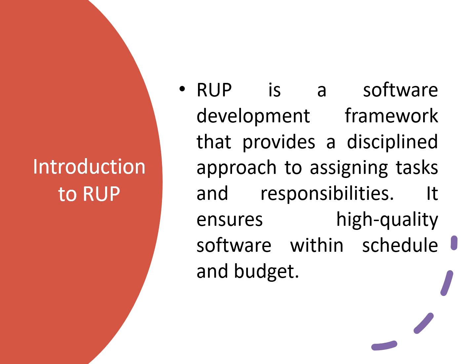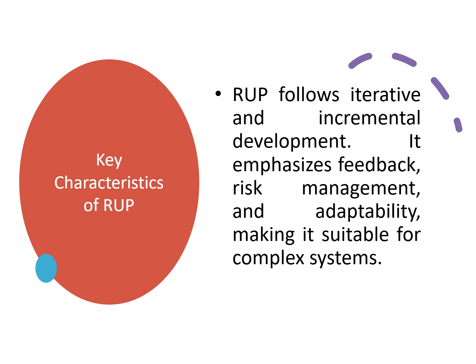So let us now understand the key characteristics of Rational Unified Process. One of the most important things to understand is that RUP is iterative and incremental. Now, these are two keywords, iterative and incremental. What does that mean?